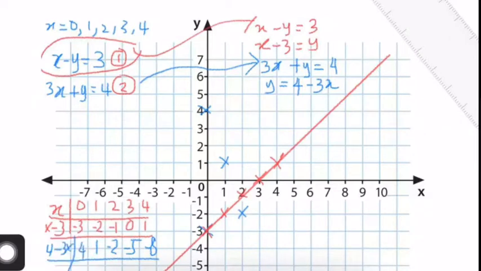X3, Y negative 5. Alamak, bawah. Macam mana nak buat? Tak muat lah. Somewhere there. Salah. X3 kat sini. This is X3, Y negative 5. Y kat bawah ni, negative 5. Okay, boleh buat. So, sinilah. And then X4, coordinate Y negative 8.